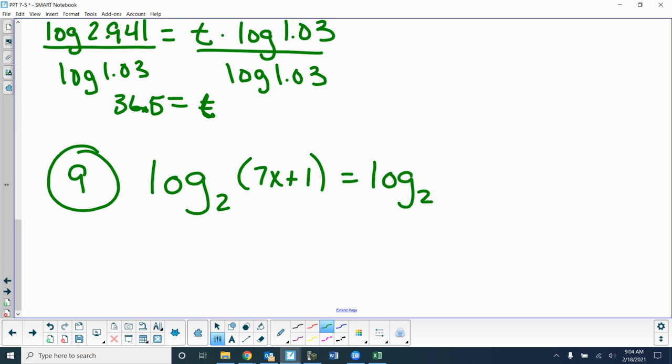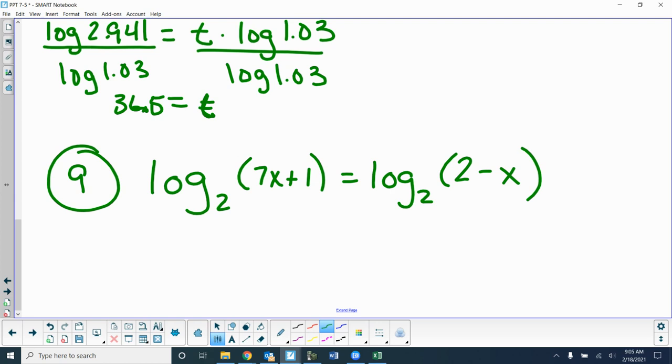This is really easy. Why is this really easy? They have the same base. So if log base 2 of this amount equals log base 2 of that amount, what must be true about those two amounts? They're equal, right? You just write 7x plus 1 equals 2 minus x.